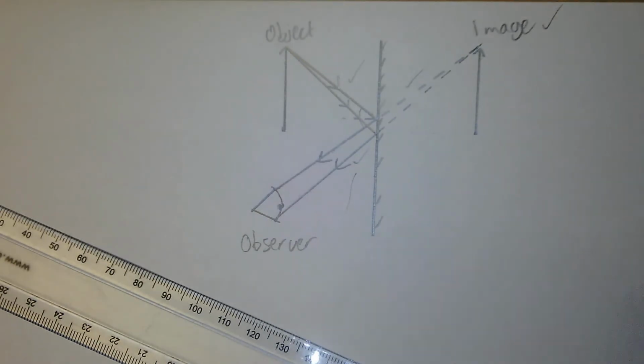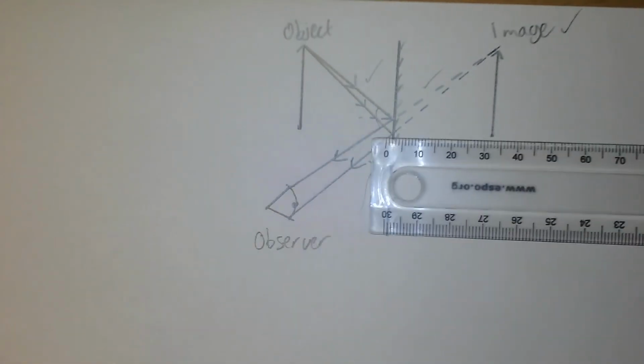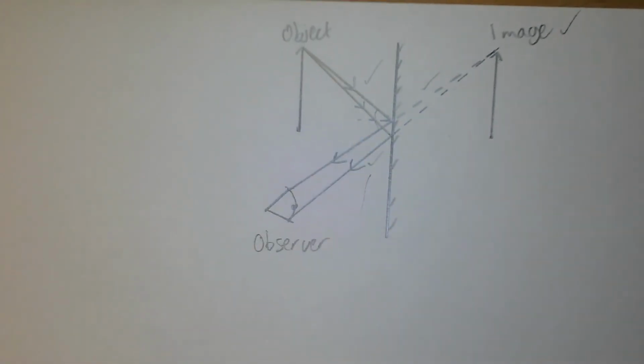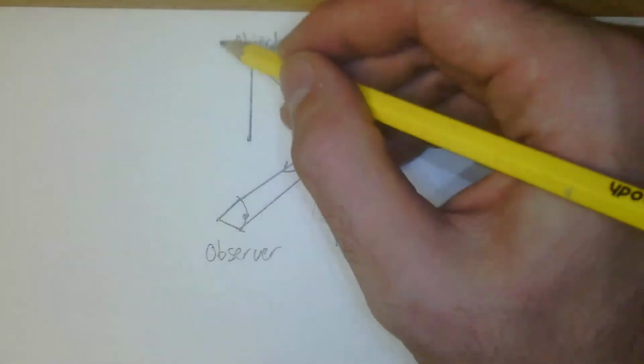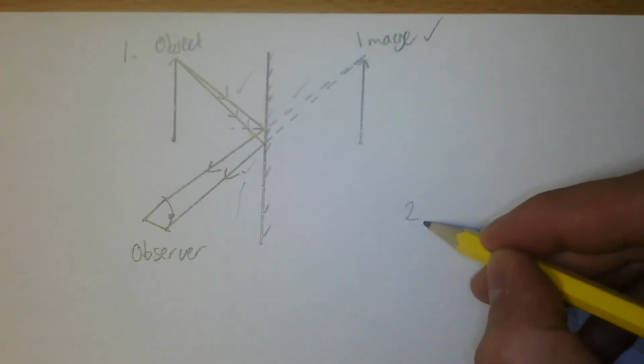Okay, so you've done that, and this one was 2.5 centimetres tall, and 3 centimetres from my mirror. So that's number 1. And you're going to do number 2, right down here.